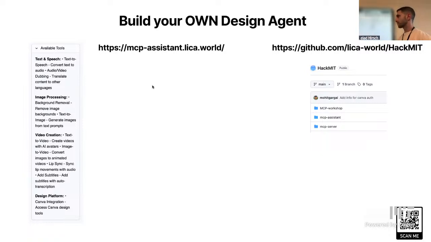So it has a lot of tools that you can use to streamline design tasks. You can run that online on mcpassistant.licaworld, so you can go there and just run your prompts there. I'll show you that. And you can also do that locally. We have a README, and you can just run that through there.